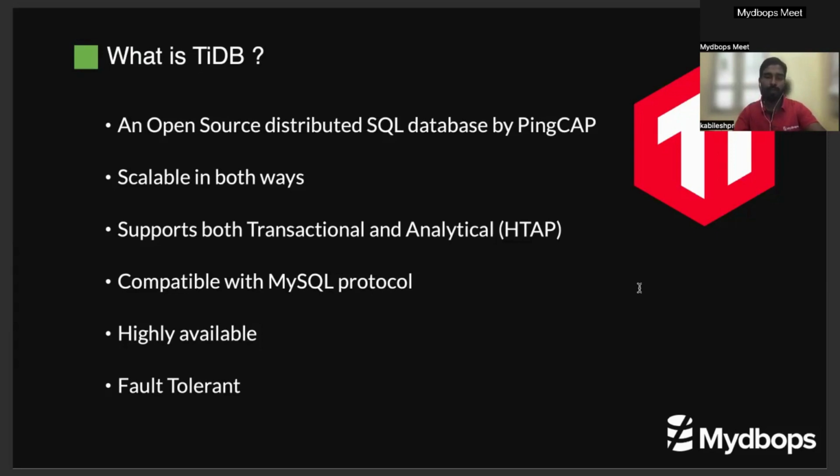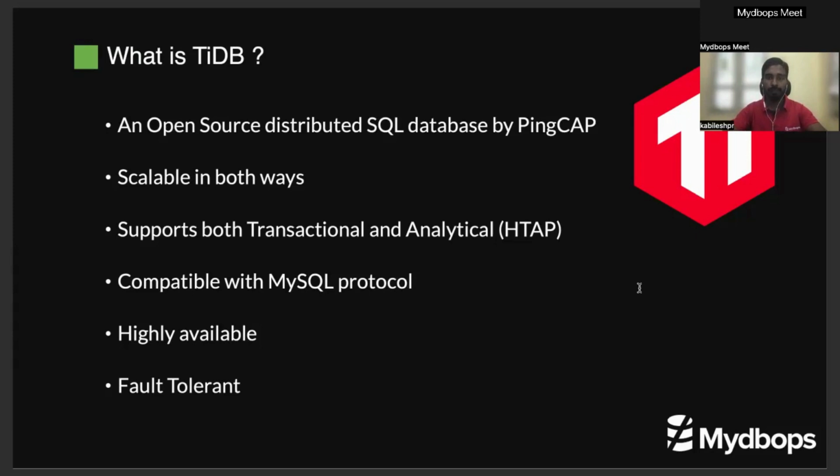If you are still using 5.7, it's high time that you upgrade your servers to 8.0. TiDB is keeping up with the 8.0 features. They have integrated all their new features such as window functions and CTEs with the recent release of TiDB 7.4, which was released on October 12. And TiDB is highly available by default. We'll discuss more on this high availability and fault tolerance in the coming slides.